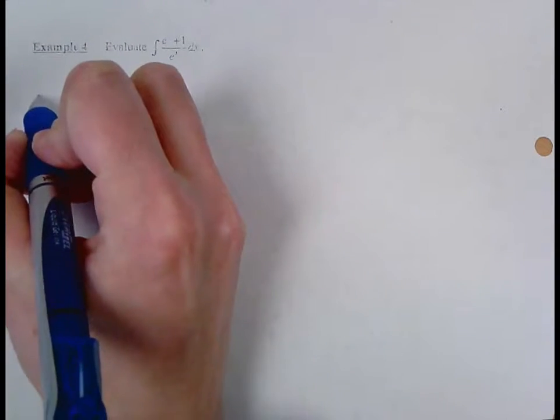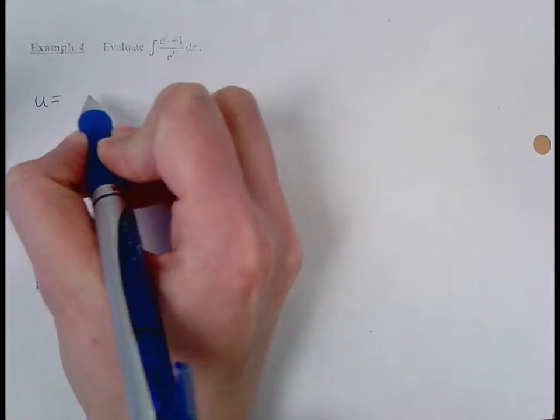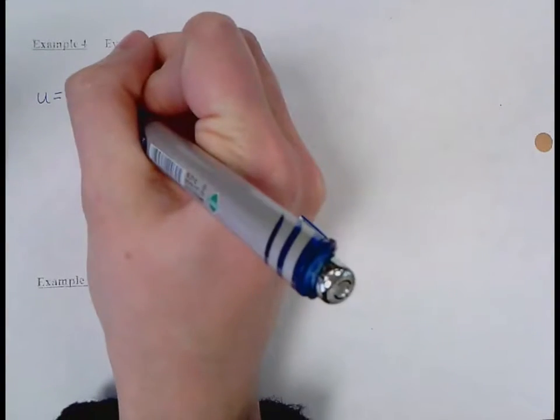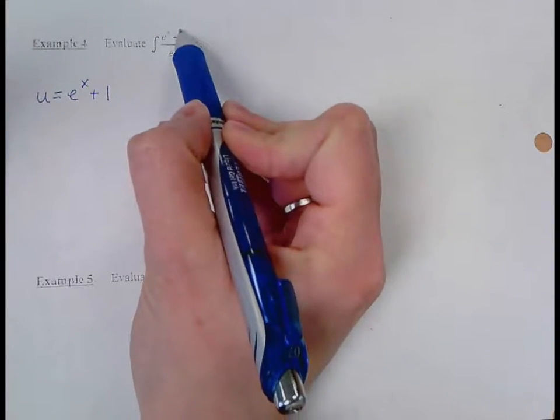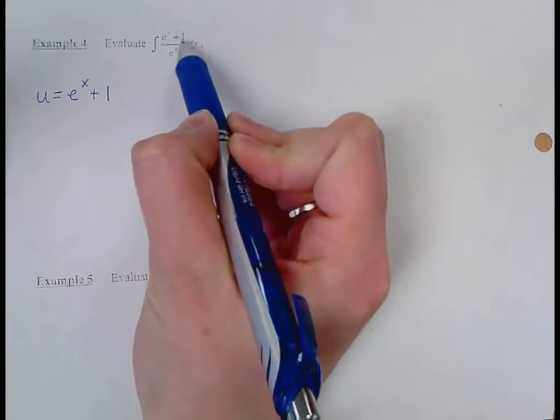The question is, do we need substitution for it? So if you were thinking, okay, I'm going to try substitution, what might you choose for u? So, okay, I heard e to the x plus 1. If you chose e to the x plus 1, that would mean the top of this fraction would be u.